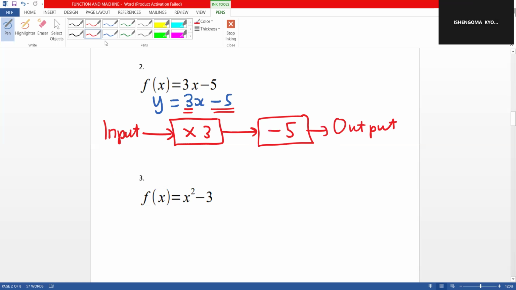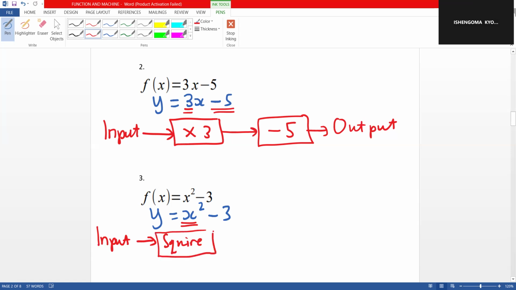So basically, change the function to an equation, then draw the machine. In order to draw the machine, we need to know what the first act is. The first act here is to square our input.